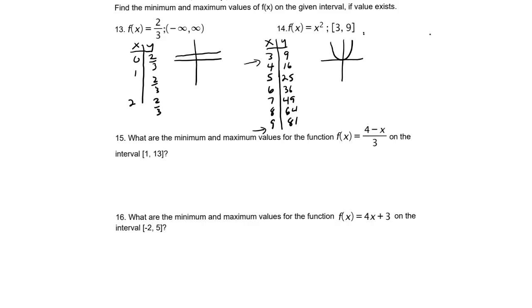And I want to know what's going to be the max y value and the minimum y value. Well, this is going to be the minimum y value, and this will be the maximum y value over this interval. We're going from 3 to 9. So it's going to be (3, 9) is your minimum, (9, 81) is your maximum, these two ordered pairs.